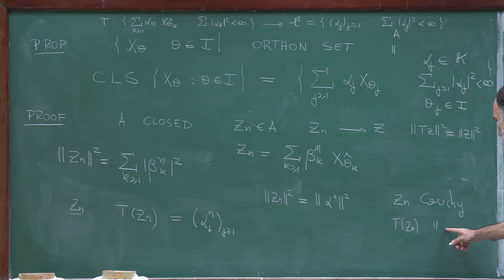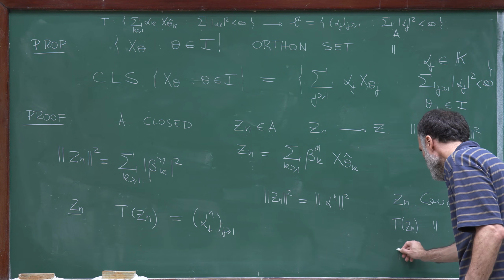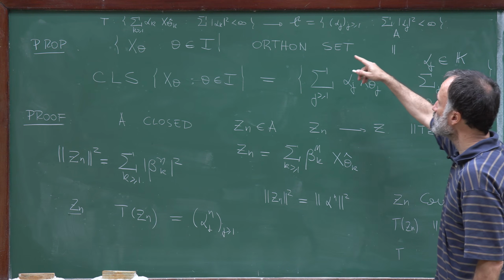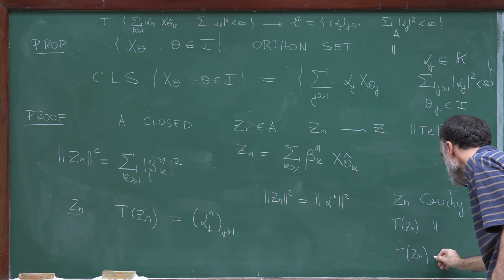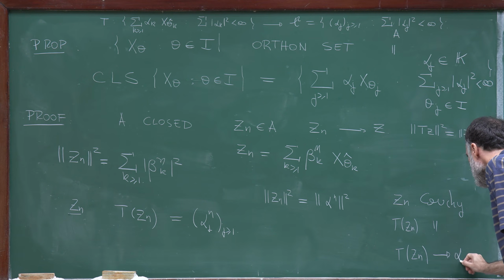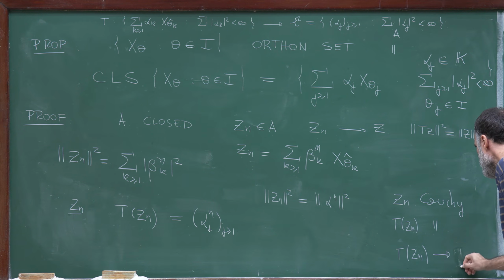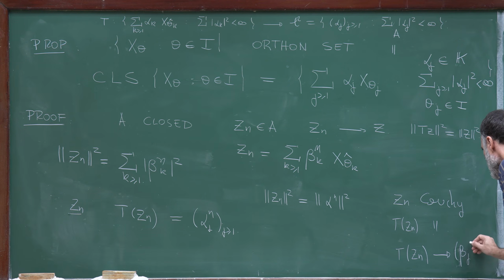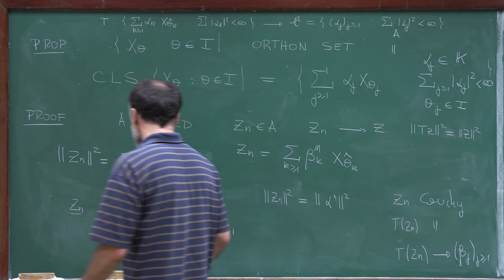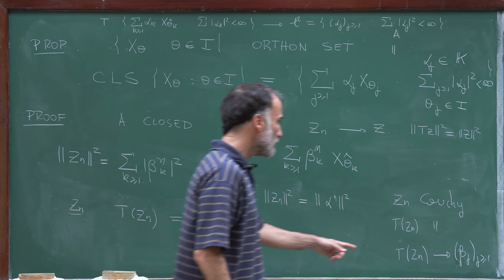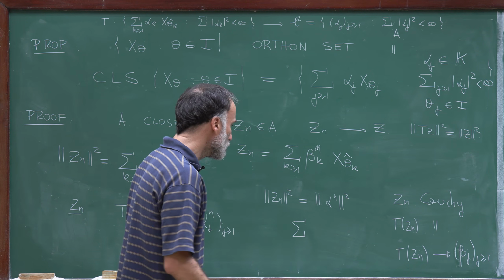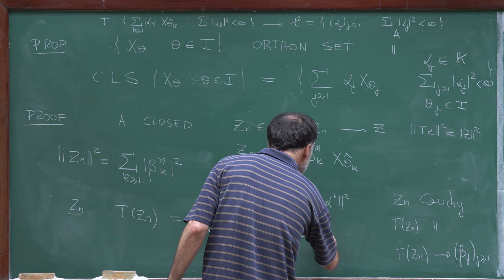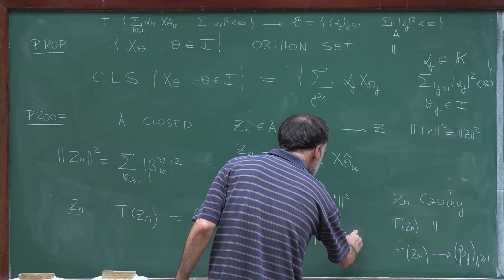But since T of Zn is Cauchy, and the space L2 is complete, which we proved already, this means that T of Zn is converging to some sequence which I will represent maybe by beta. Now, beta is an element of L2, which means that the sum of beta j squared is finite.